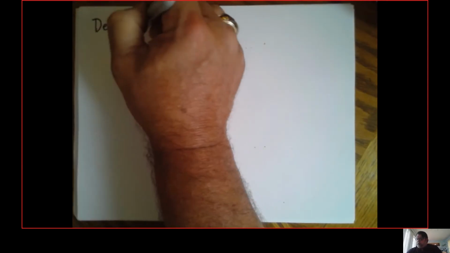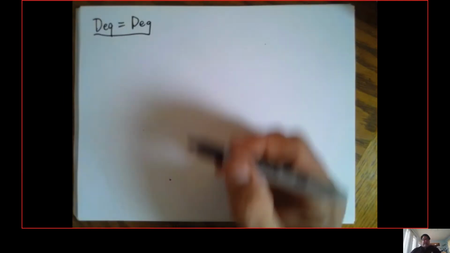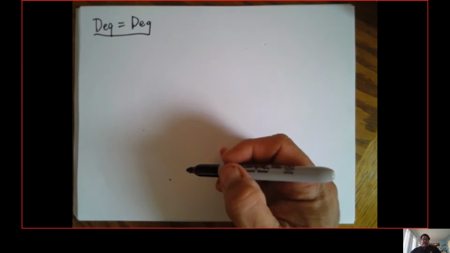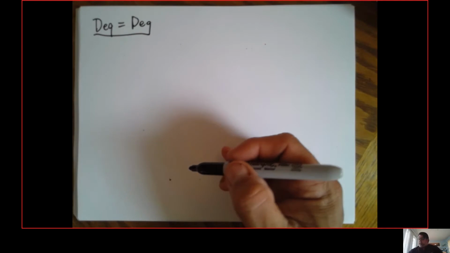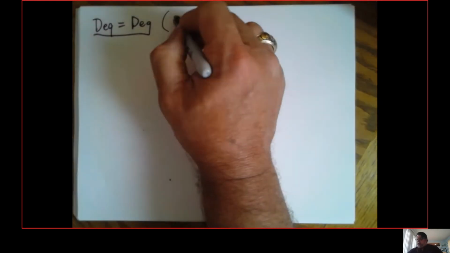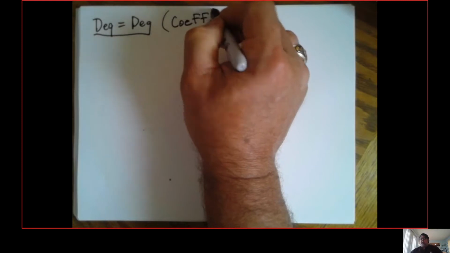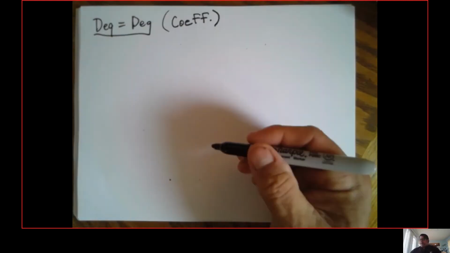So now we move into looking at the degrees. If the degree of the denominator and the numerator are equal, if you've got a limit and the degrees are equal, then most of the time you can go with the coefficients. These are a little bit more complex.